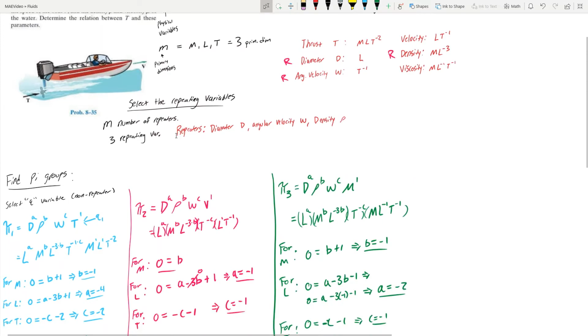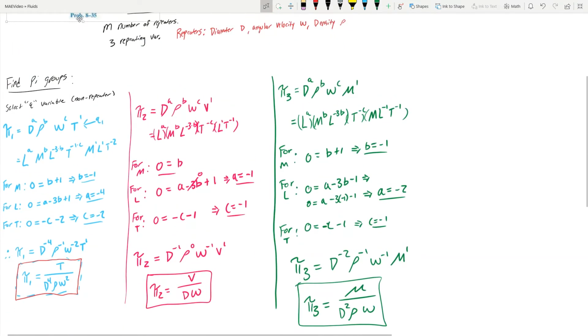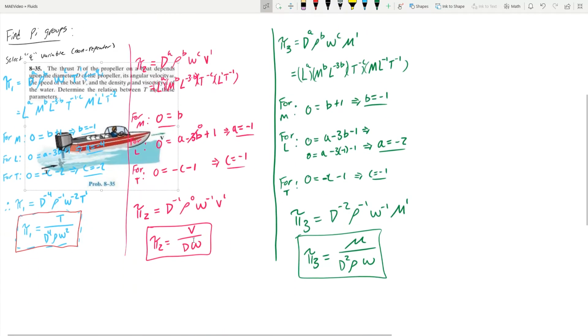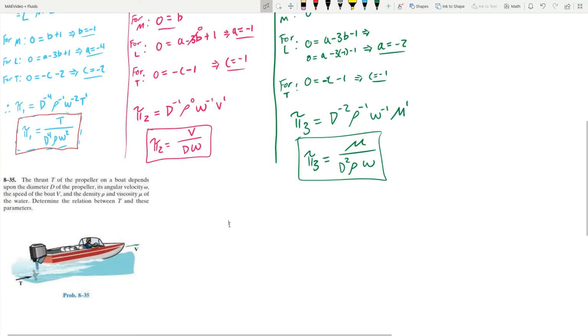So the question still asks to determine the relation between t and these parameters. So let's pull that down here. So since they want the relation between t and these parameters, we're going to have to write t as a function of these parameters. So what we can do right now is we know that each pi group is a function of the other pi groups, since they're unitless altogether.